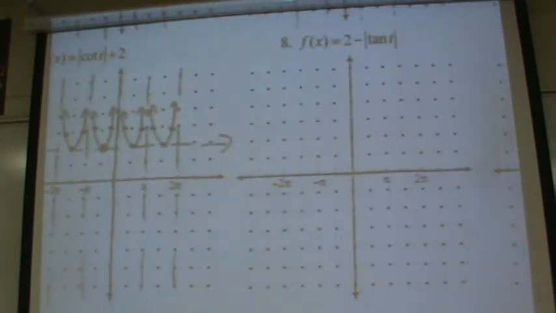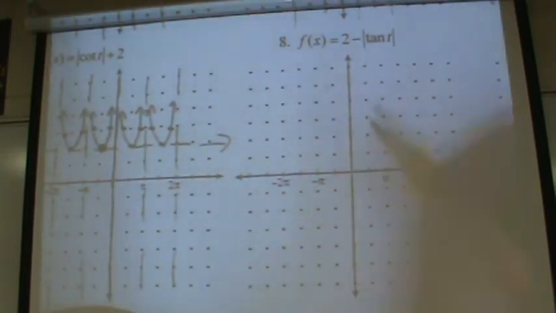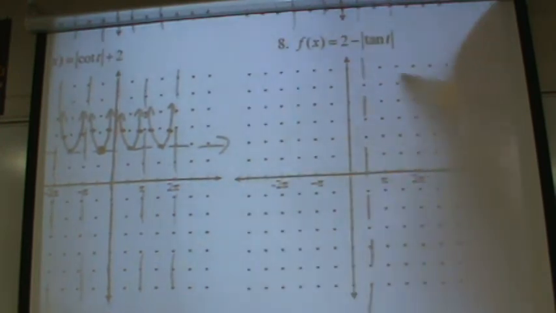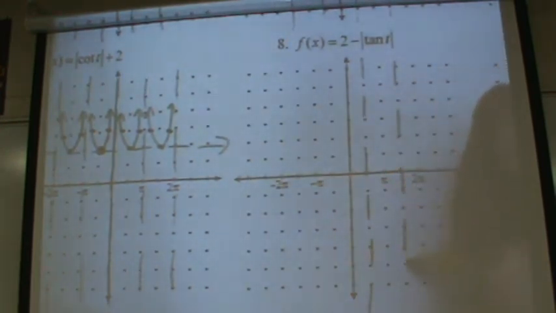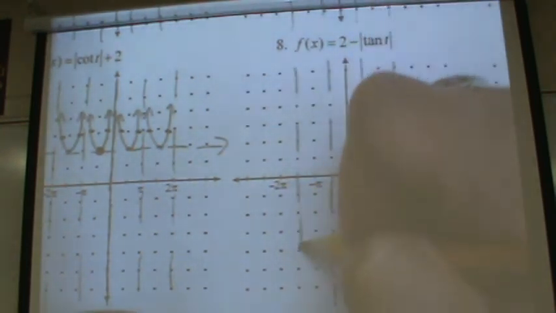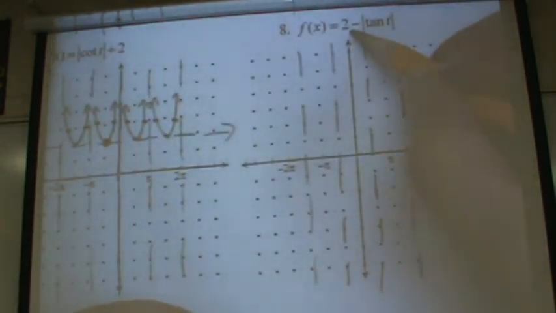Number 8, you're going to put your asymptotes at pi over 2, 3 pi over 2, negative pi over 2, negative 3 pi over 2. It's 2 units up.